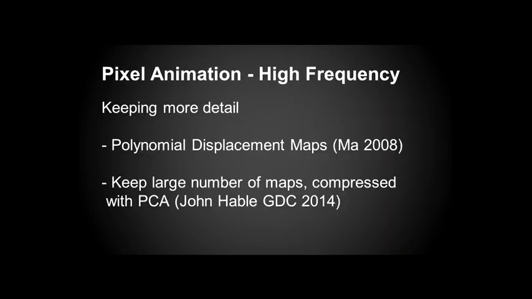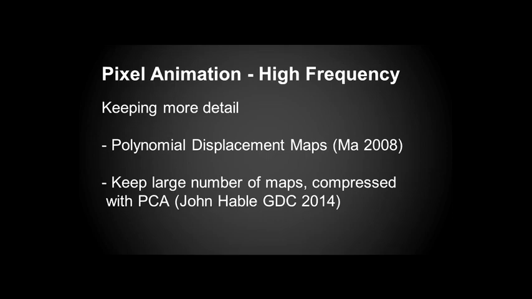Now, you may also want to keep more details. I mean, 3 maps is really not a lot. I'm sure we are losing some detail. Two ways here, quickly, to keep more detail.